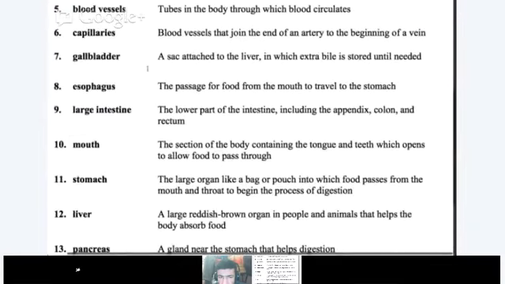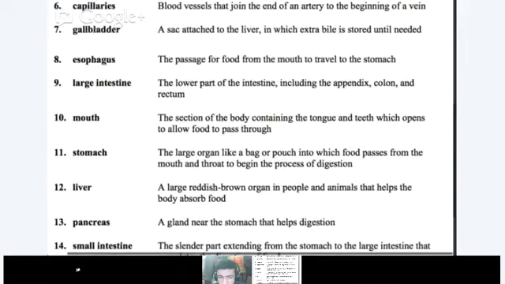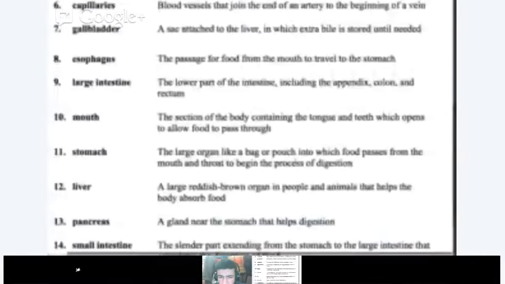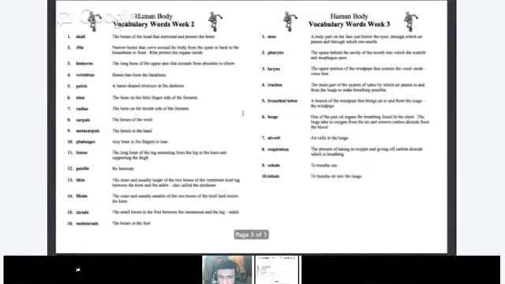So in the latter half of this list, we covered the digestive system. So now what we're going to do is go through it one by one. There's a lot over here to cover.